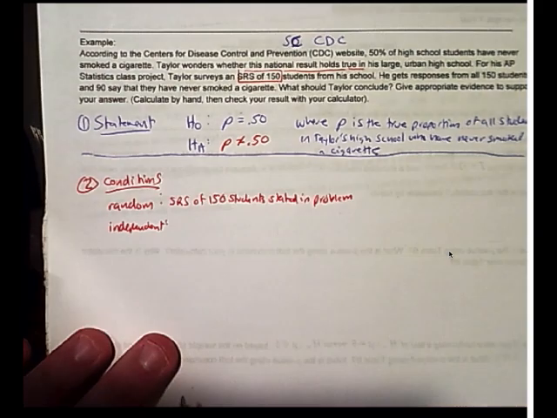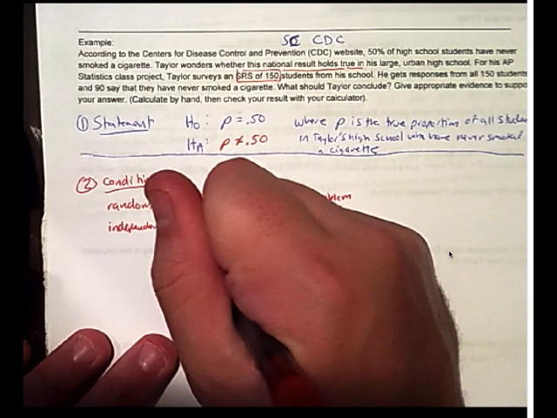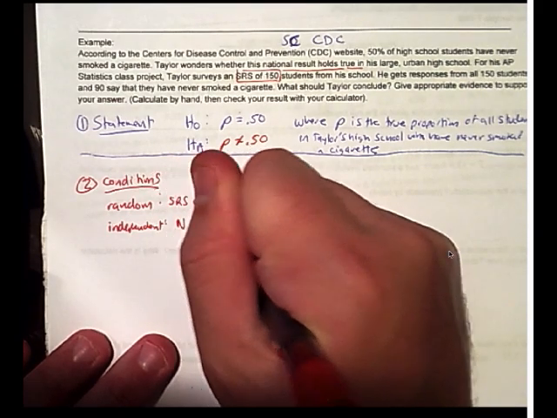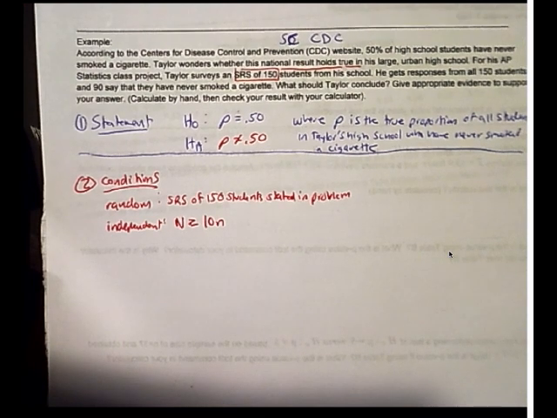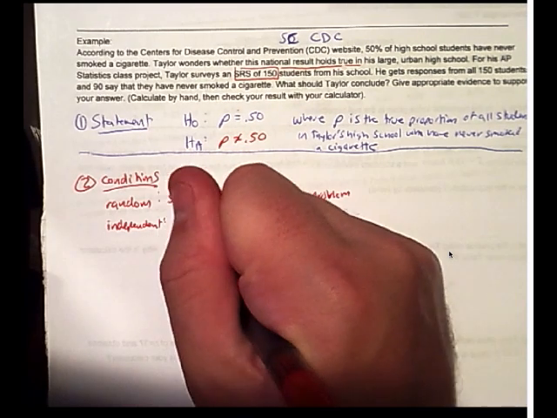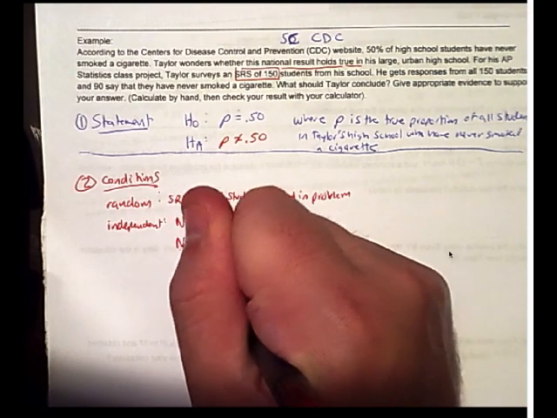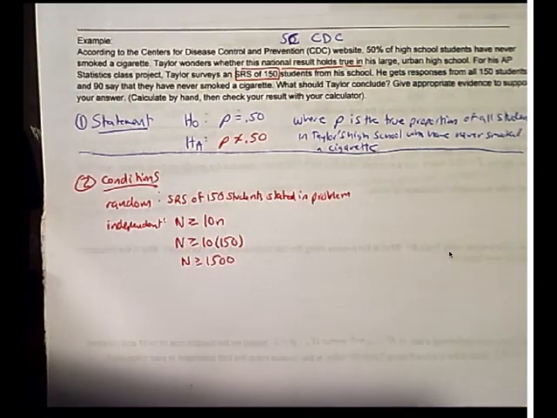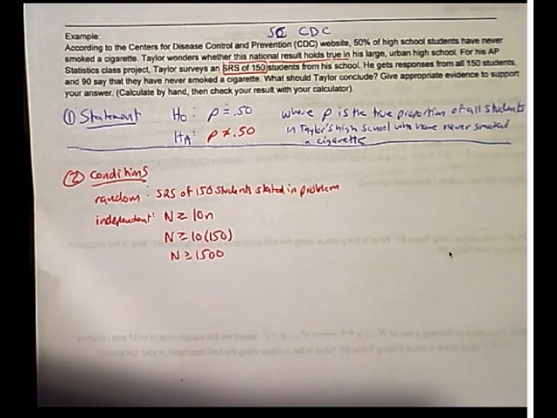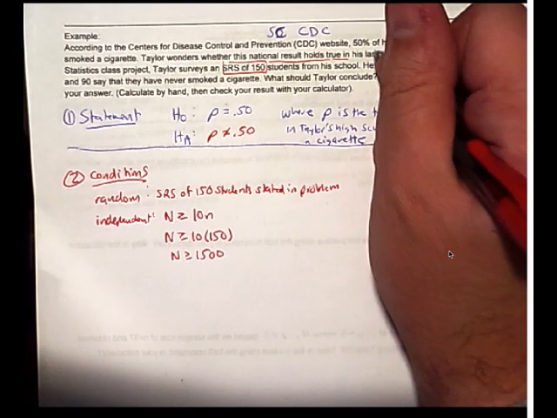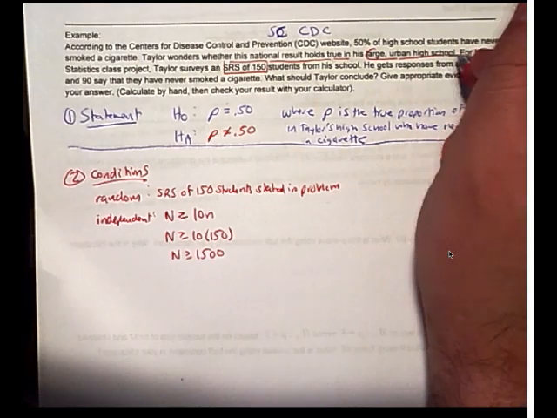Okay. Independent. N has to be greater than 10n. So N has to be greater than 10 times 150, which is 1500. Okay. Do we know if that's true? Is there at least 1500 students in his school? Well, it does say that it's a large urban high school.